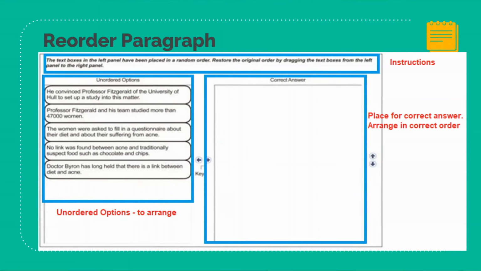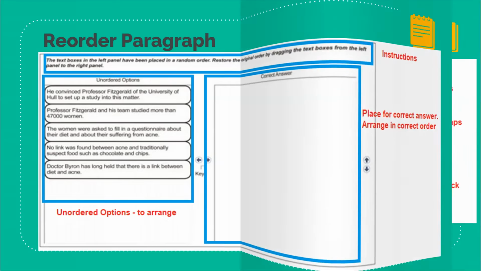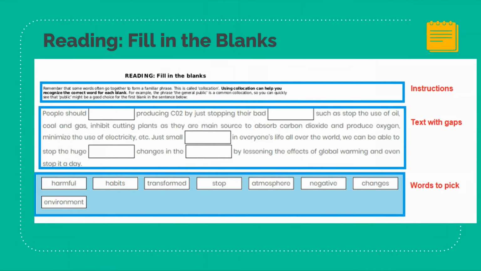Next, for reorder paragraph, again you see the instructions at the top that tell you what to do. On the left hand side you see jumbled sentences or unordered options, which you need to drop to the right hand side to form the correct sequence of the sentences. Moving on to reading fill in the blanks. At the top you will find the instructions, and then you see a text passage with blanks.